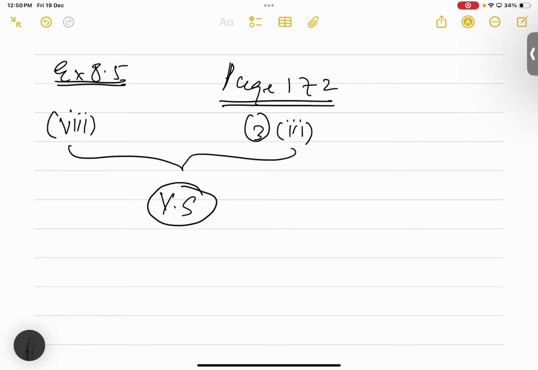So when you are practicing variable separable, just write down over there variable separable. Do these two problems also. Fine. Okay, so that completes your LDE also. Okay, that's it.